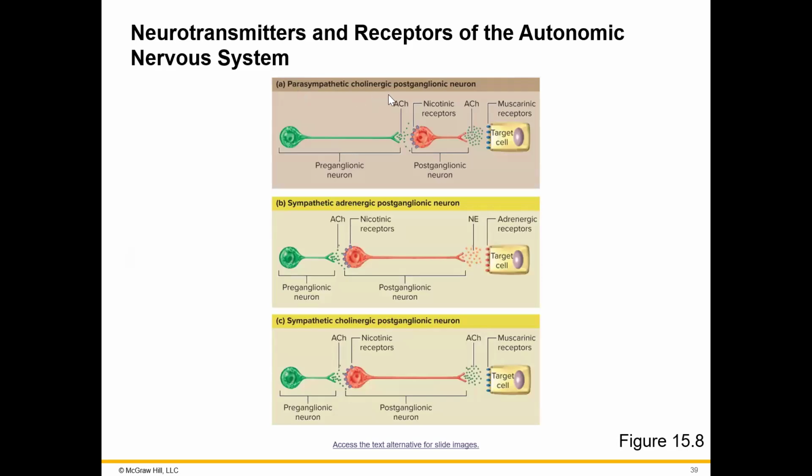The parasympathetic cholinergic preganglionic neurons secrete acetylcholine, and the acetylcholine stimulates postganglionic neurons. The postganglionic neurons secrete acetylcholine that's going to bind muscarinic receptors. In the sympathetic, acetylcholine is secreted from the preganglionic neuron, is going to bind the postganglionic neuron that is going to secrete norepinephrine.